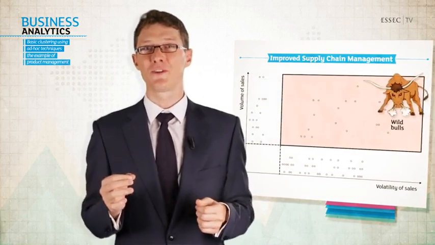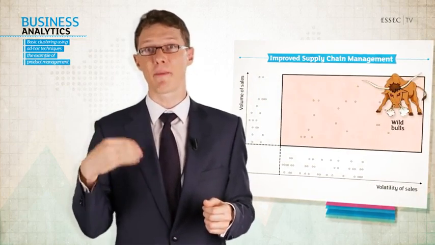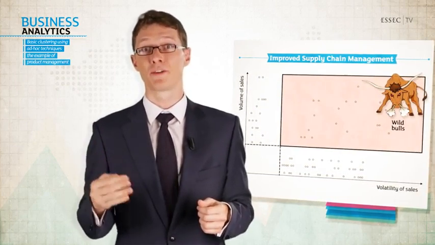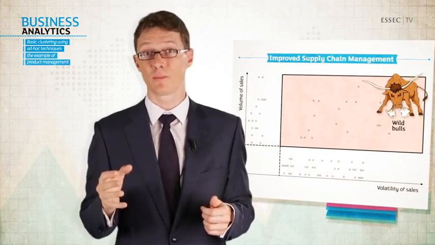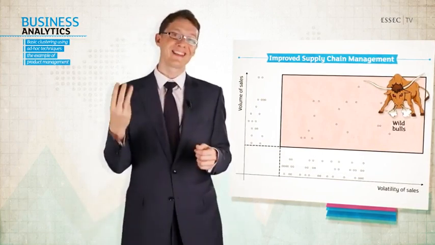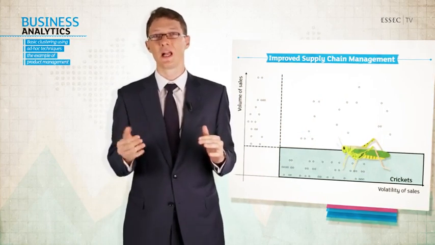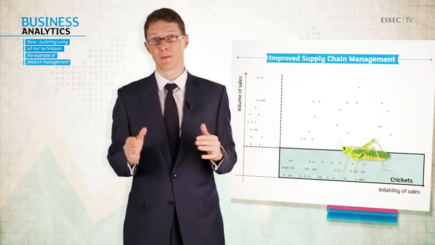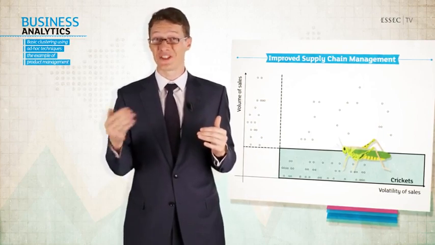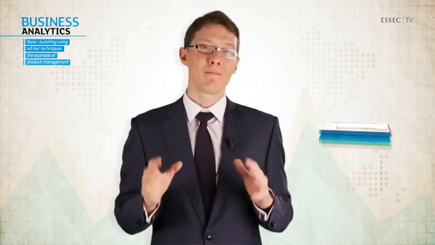Two, SKUs with high sales and high variability. Let's call them wild bulls because they are strong but difficult to control. And three, let's consider all the other ones together, low sales, and call them crickets because they are small but can jump unexpectedly. We'll then manage our supply chain differently for those three cases in order to ensure maximum efficiency.